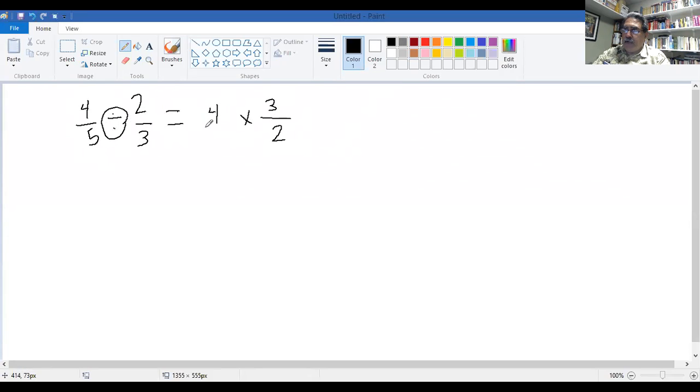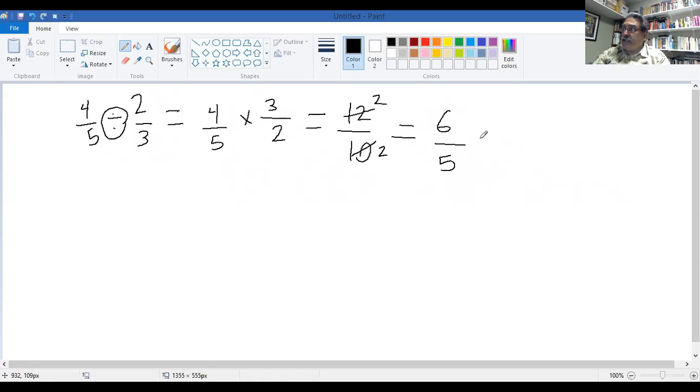So 4/5 times 3/2. 4 times 3, 12. 5 times 2, 10. This is what you get. Now, 12/10, you can simplify this: divided by 2 becomes 6, and this divided by 2 becomes 5.